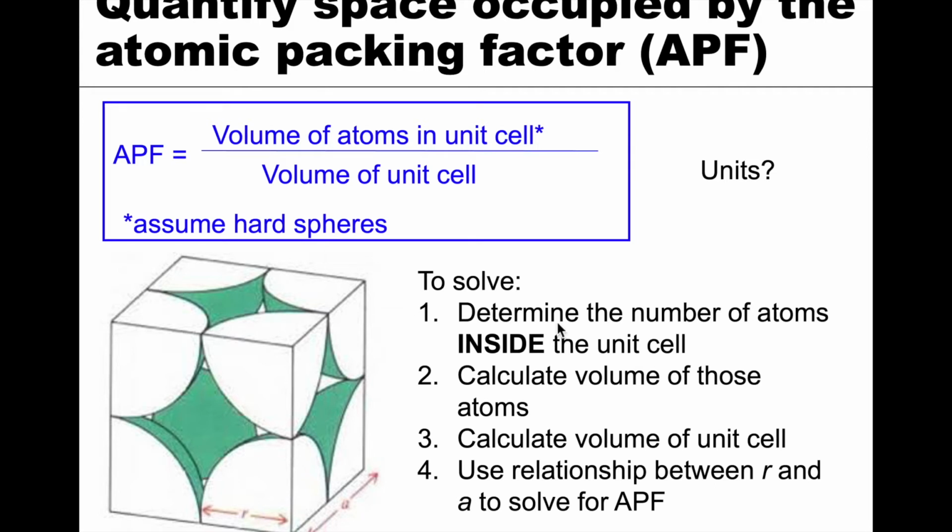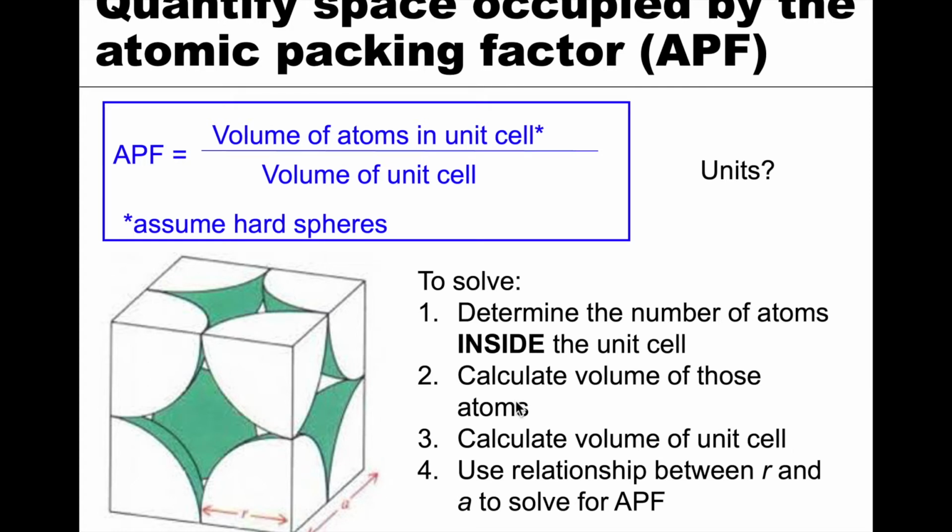Then we're going to determine the number of atoms inside the unit cell, so this cube in this case. Then we're going to calculate the volume of those spheres, atoms. They are spheres, so we can use the volume of a sphere equation. And then we are going to calculate the volume of the unit cell, so the volume of the geometric shape.